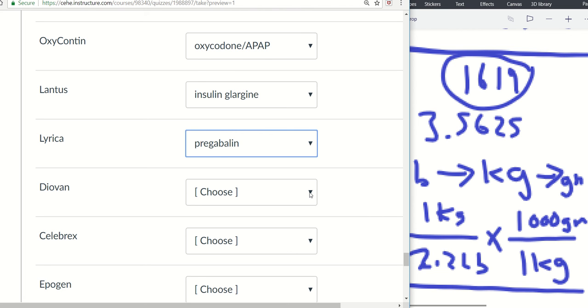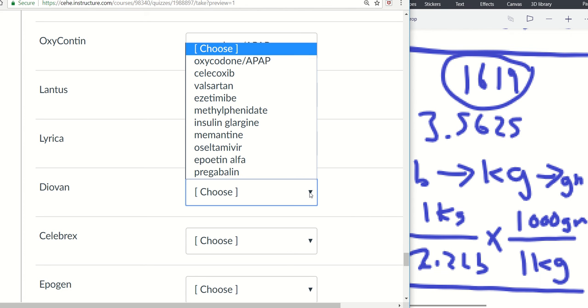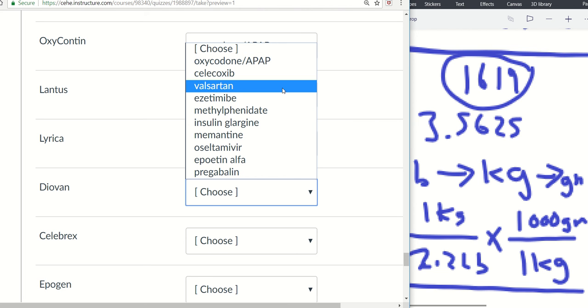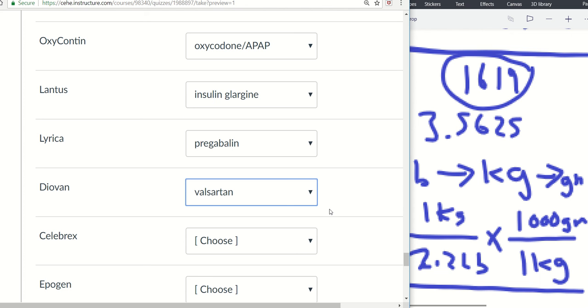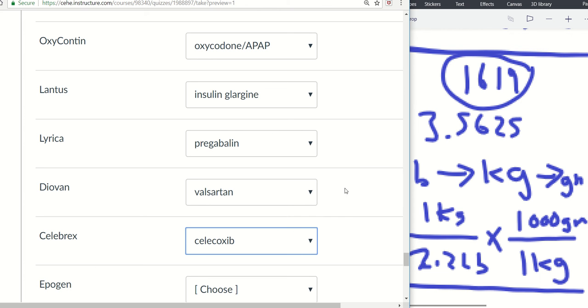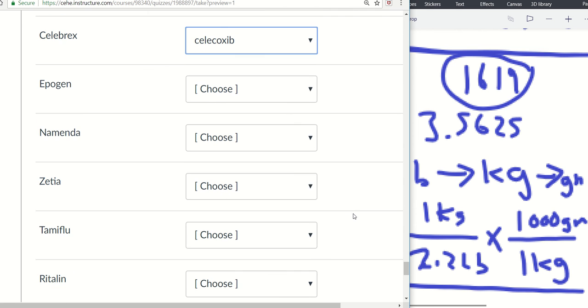What's Diovan? That's a heart med. It is an angiotensin II receptor blocker. So Diovan is valsartan. Celebrex, the generic has the brand name in it. So which one would you guess? Celecoxib, yeah. Works on the cyclooxygenase enzyme. Epogen.